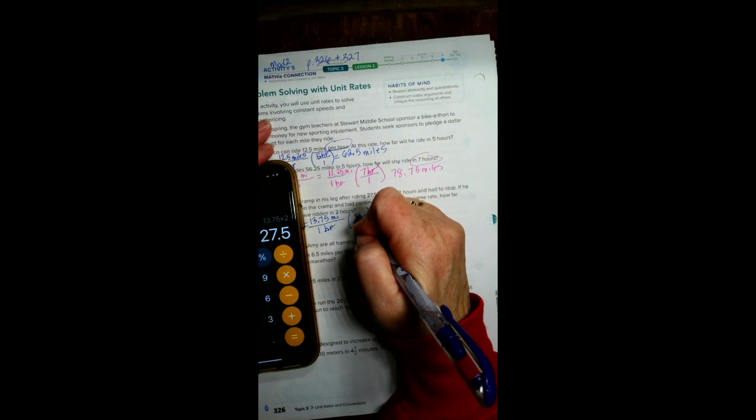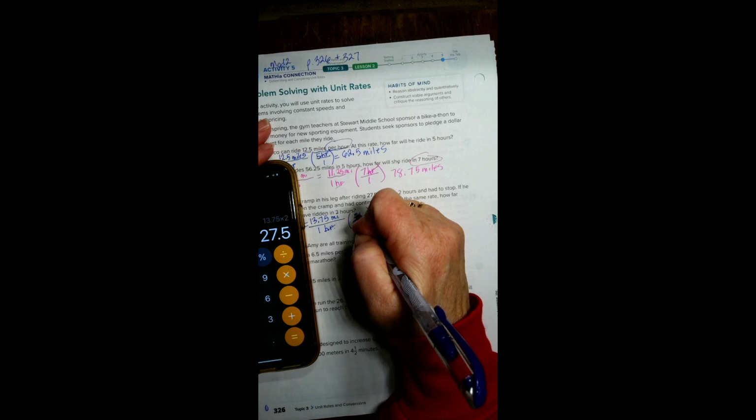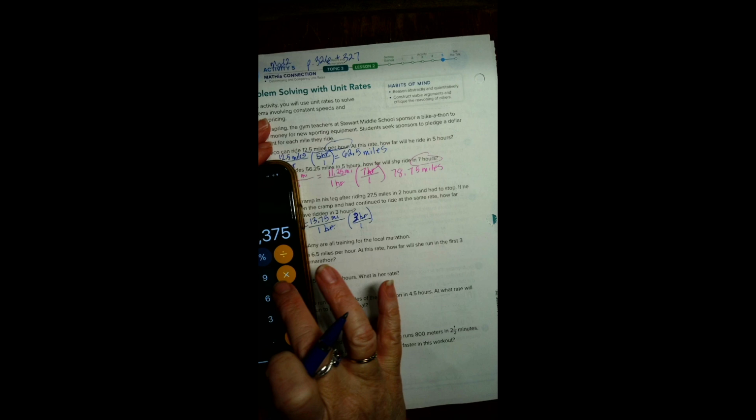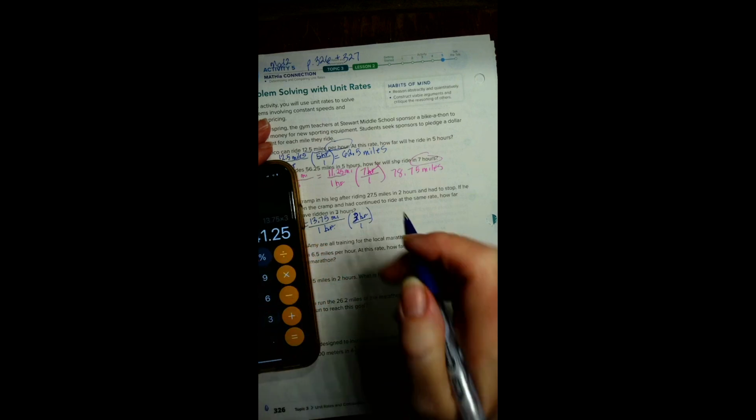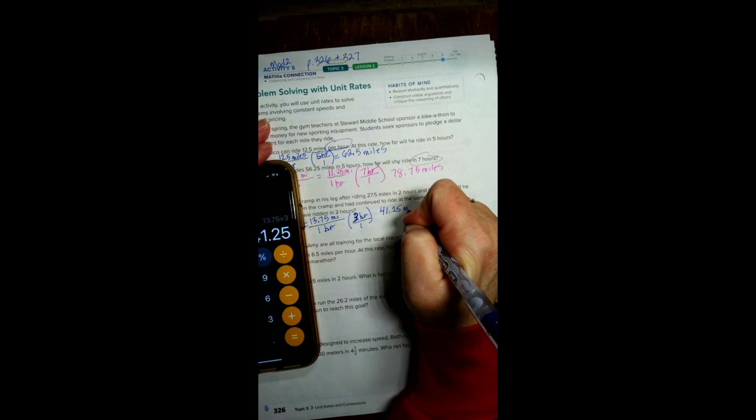So, oh, nope, it meant 3 hours. I'm sorry. I was like, wait, that's what we started with. 3 hours. Okay, so 13.75 times 3, 41.25 miles per 3 hours.